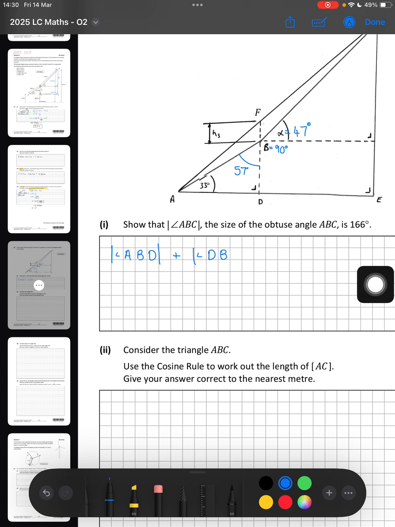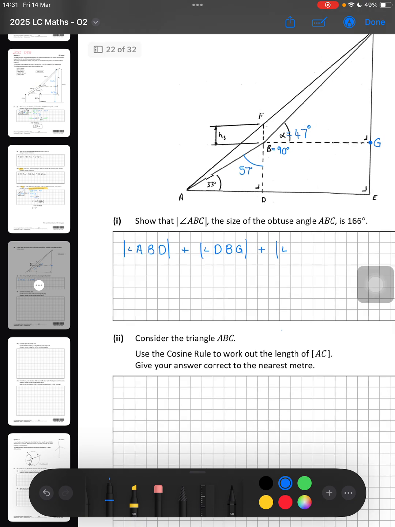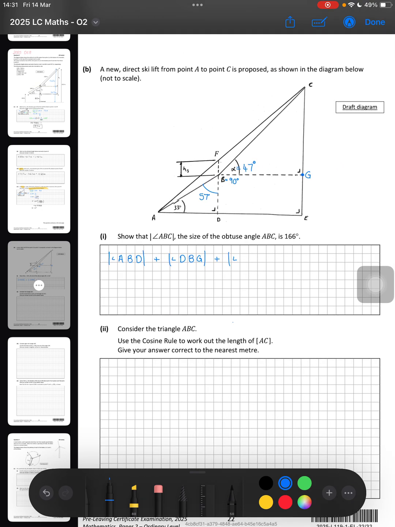So let's see, A, B, C, D, E, F. So we'll just call that point G. Plus the size of my angle from C to B to G, plus the size of my angle from A to B to C is all equal to 360 degrees.